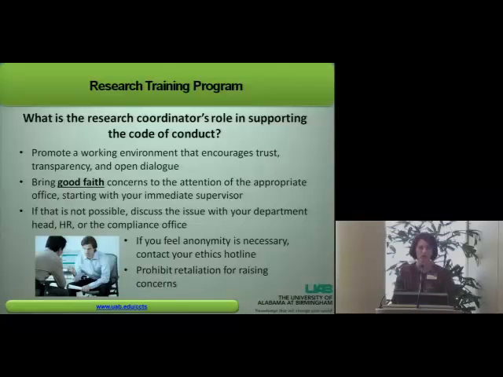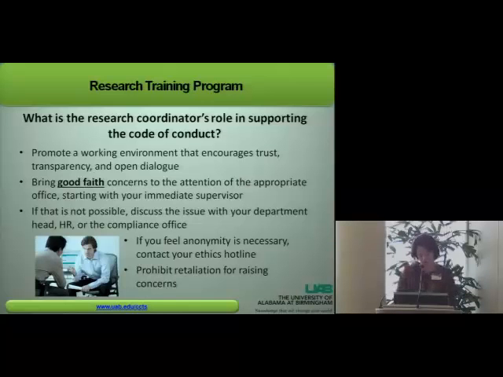In that case, there are other offices within an organization that can help address an issue. HR is often used as a resource for employees, and many organizations like UAB operate a compliance office where individuals can take issues and receive assistance in getting answers to questions. Many organizations, again, as part of their compliance program, operate a hotline service that allows employees to bring forth concerns if they want to remain anonymous.